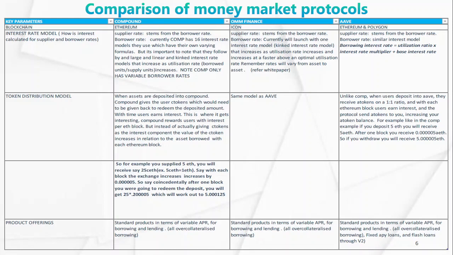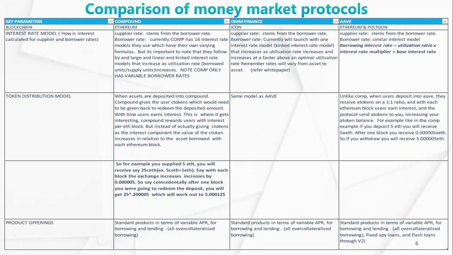So they have fixed supply rates. It's not that it's truly fixed, but it fluctuates within a certain range, which is decided by the committee members and the governance members, which they vote on.